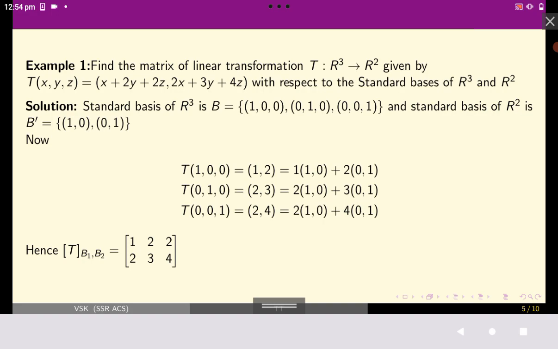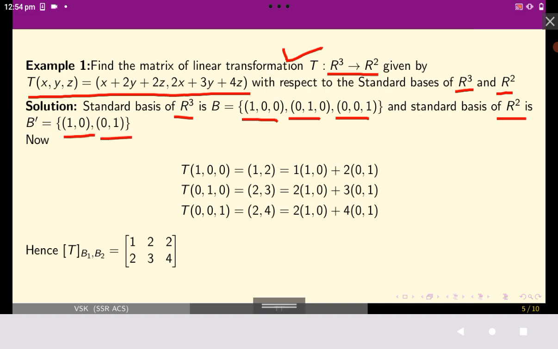Find the matrix of linear transformation T from R3 to R2 given by, this is the definition given, with respect to the standard basis of R3 and R2. So what is the standard basis of R3? The standard basis of R3 is (1,0,0), (0,1,0), and (0,0,1). And the standard basis of R2 is (1,0) and (0,1).